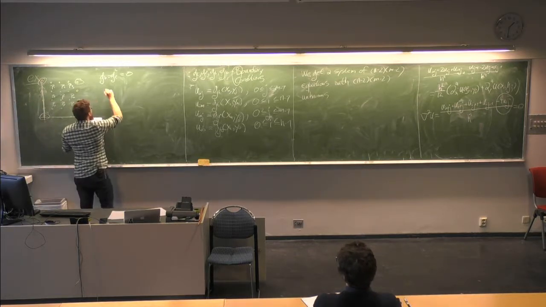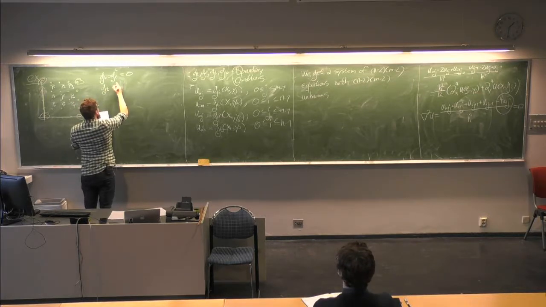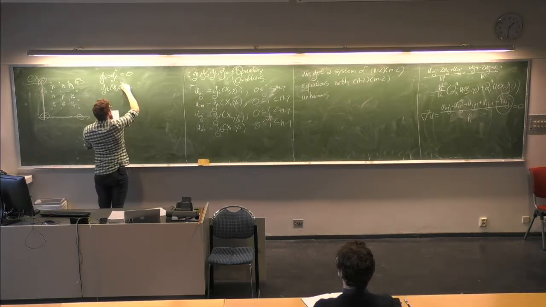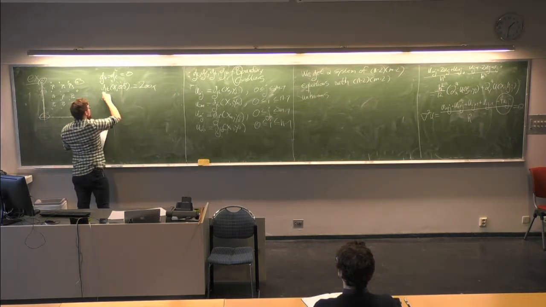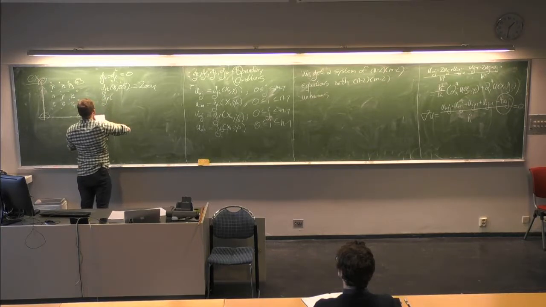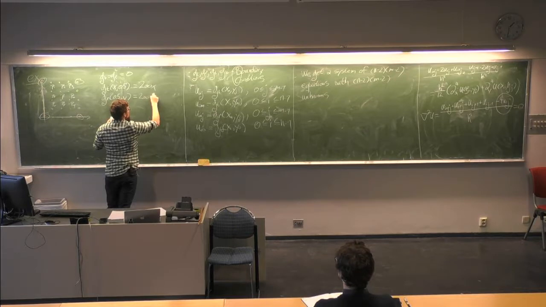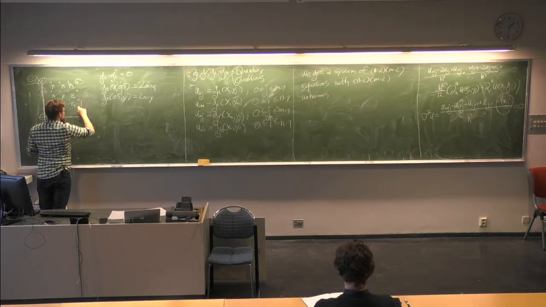For the top one, GT of x, y is 5 times x, and the GR one is 0.5 times y. Again, there is the grid spacing h.